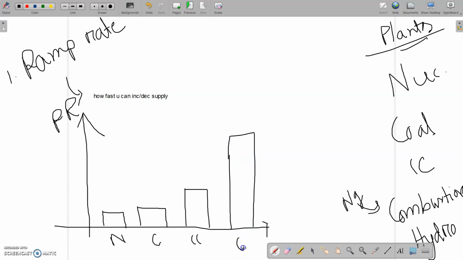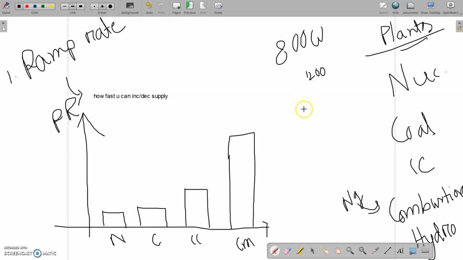Okay, so what does it mean? It means that when you are operating a nuclear power plant, it cannot change the output power that it is providing easily. So say a nuclear plant is providing 800 watt, you cannot change its output power very easily. Say within a few minutes you increase it from 800 to 1200, you cannot do that.